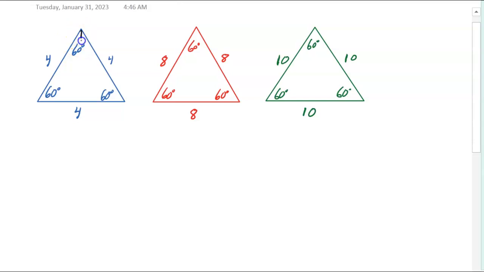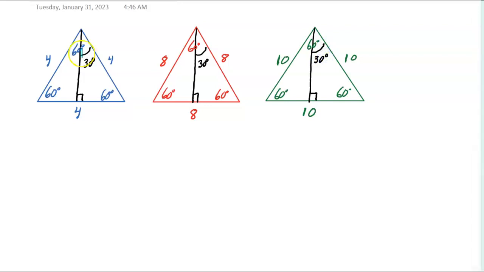For each triangle, I'm going to draw the altitude. So the altitude forms a 90-degree angle with the opposite side. In drawing that altitude, it cuts the angle in half, so each angle at the top is 30 degrees.